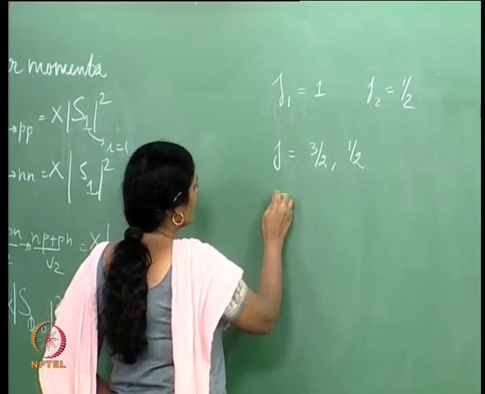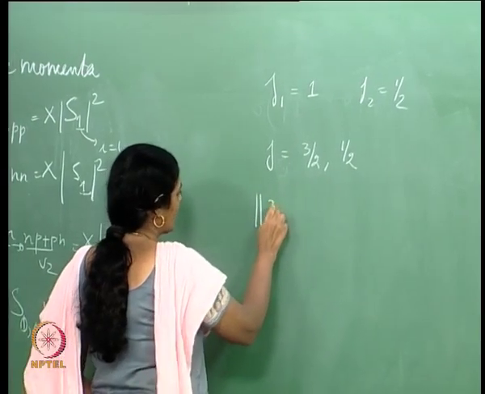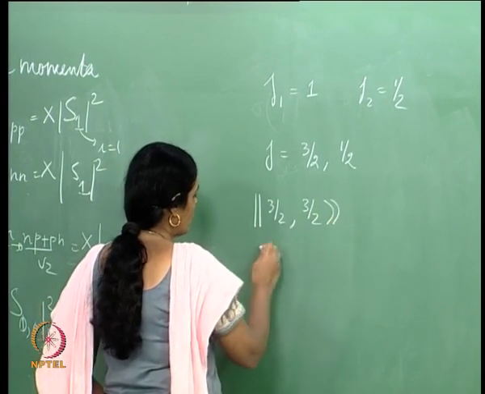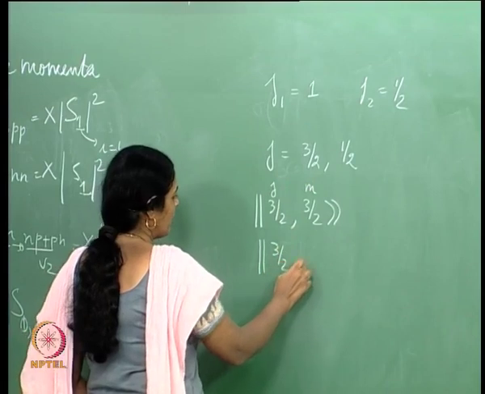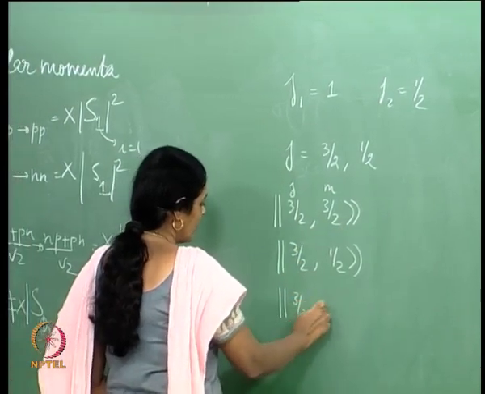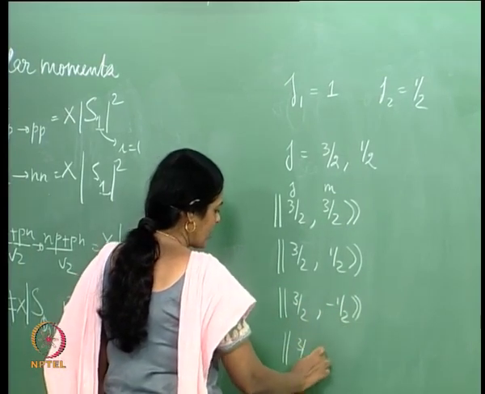Corresponding to j equals 3 by 2, m can take various values. So, let me write all the coupled states. J equals 3 by 2, so m can be 3 by 2, but m can be half. It goes down in steps of 1. M can be minus half and m can be minus 3 by 2.